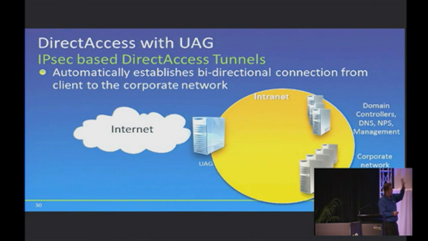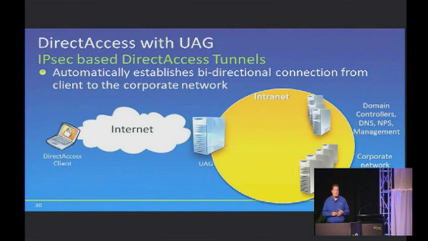We have domain controllers, DNS, management stuff there, and different resources as well. There can be segments and firewalls between the services, but when the connections are configured correctly, you can do this.